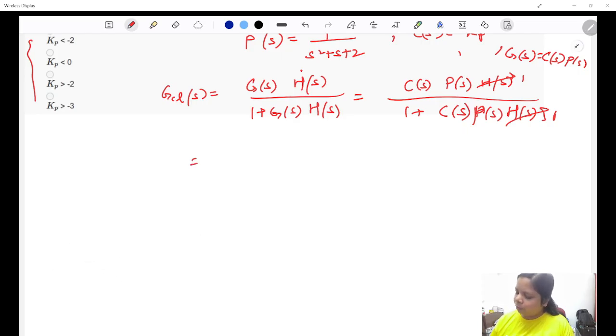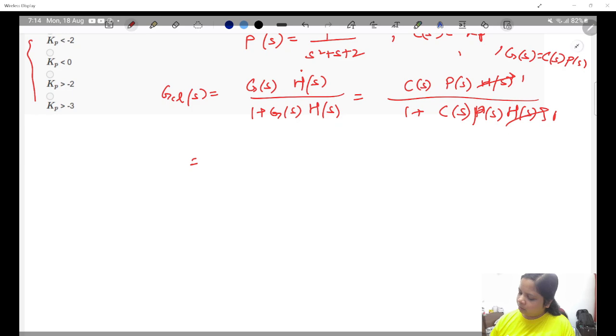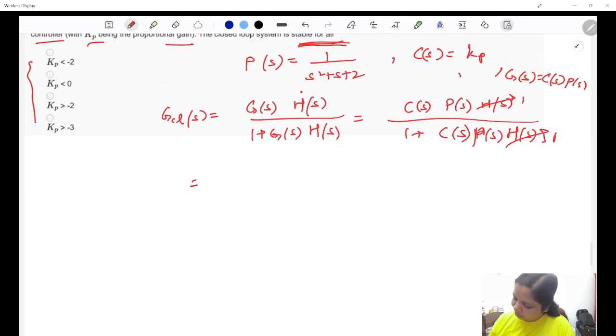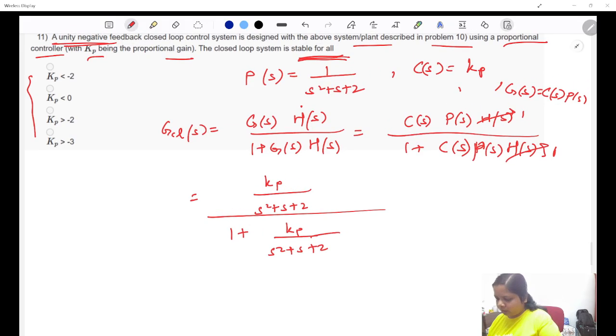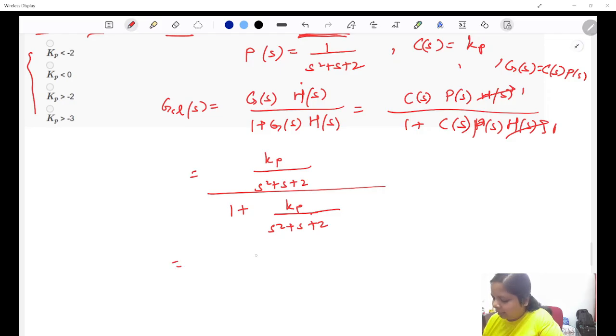What is your CS? It is Kp, right? Kp upon s square plus s plus 2, upon 1 plus Kp upon s square plus s plus 2. Okay? From here, what you can write: Kp upon s square plus s plus 2 plus Kp.